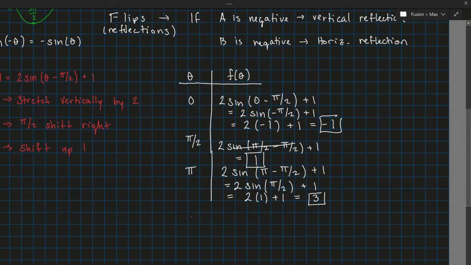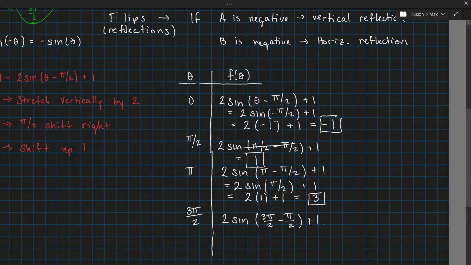Okay, and then 3 pi over 2. We have 2 sine of 3 pi over 2 minus pi over 2 plus 1. So what's 3 pi over 2 minus pi over 2? 2 pi over 2, which is just 1 pi.